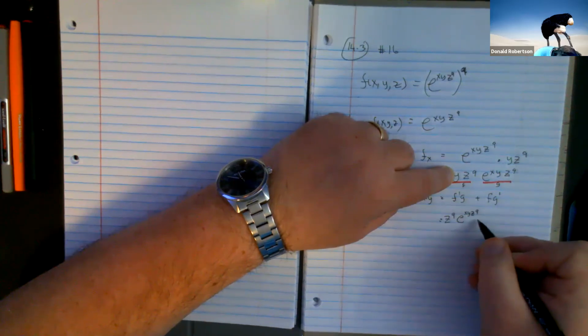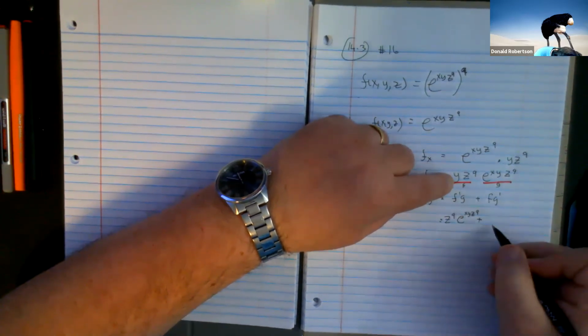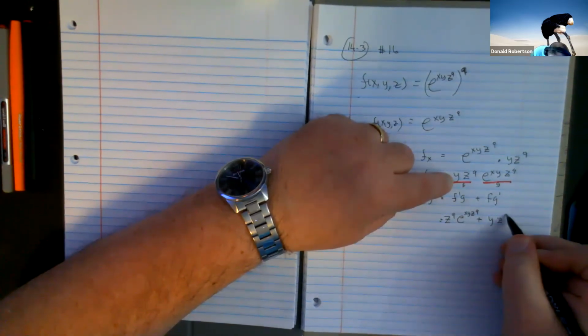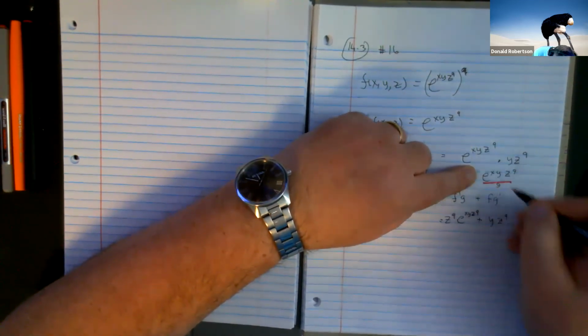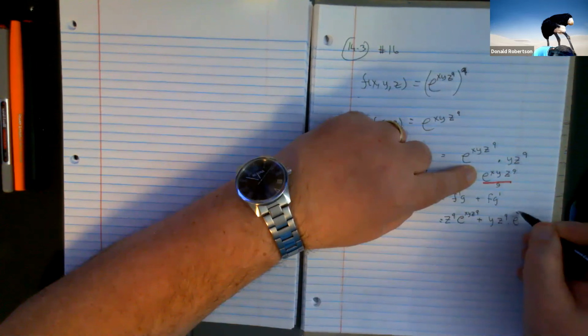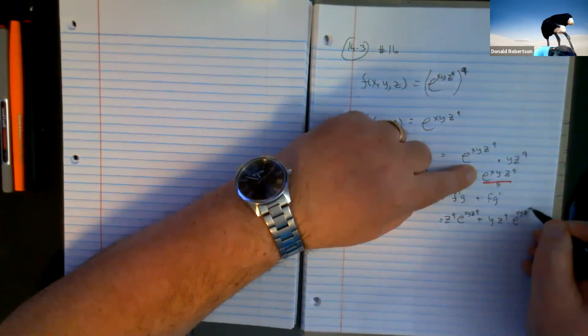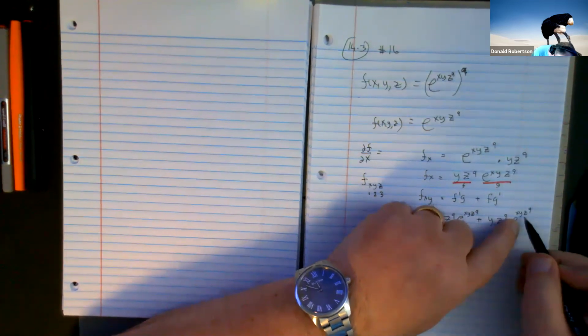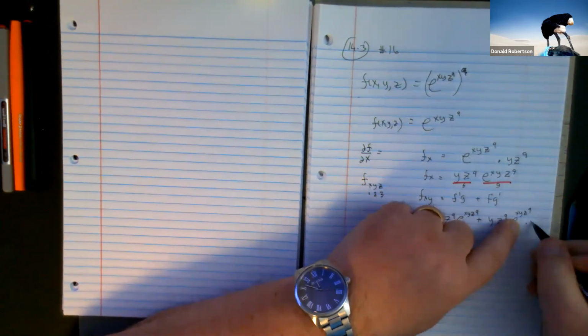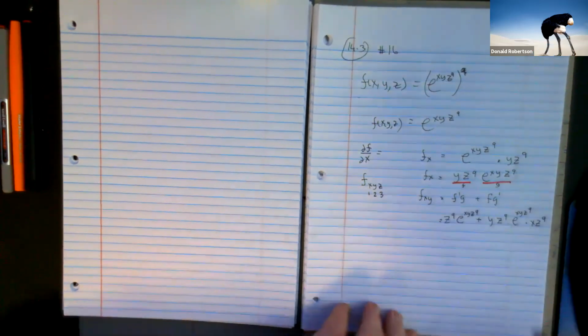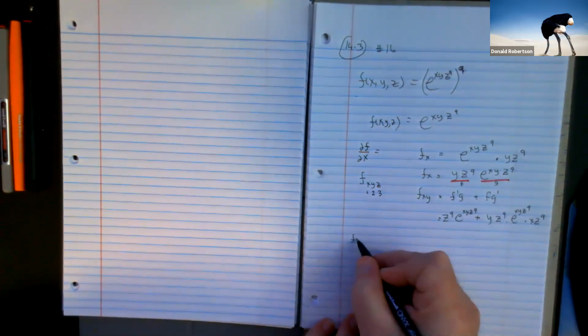Plus, you leave this alone, and you differentiate this with respect to y, and that gets you e to the xyz to the 9 times the derivative of xyz to the 9 with respect to y, which really just gets you that. And so what do we have now?